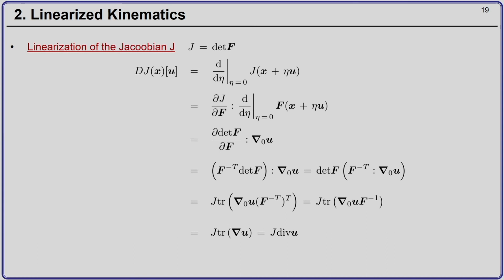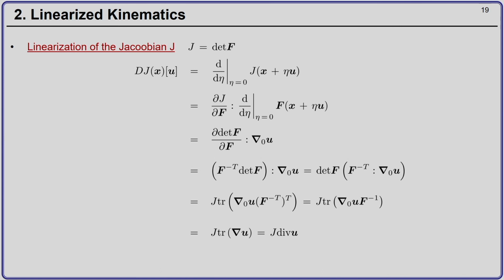Now, we come to the linearization of the Jacobian, which is nothing but the determinant of F. And you can also recognize that the Jacobian is nothing but dV, the spatial volume element, divided by capital dV, which is the material volume element.